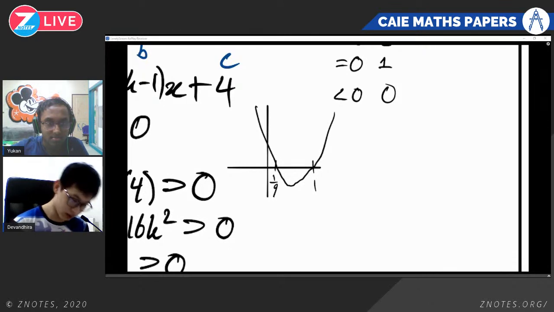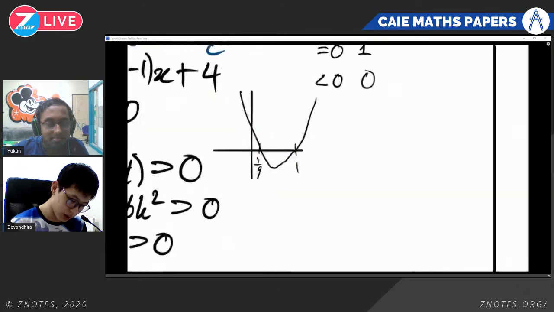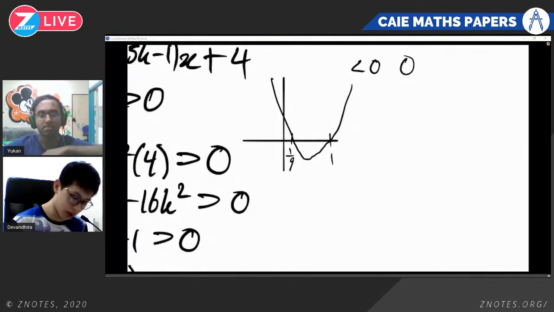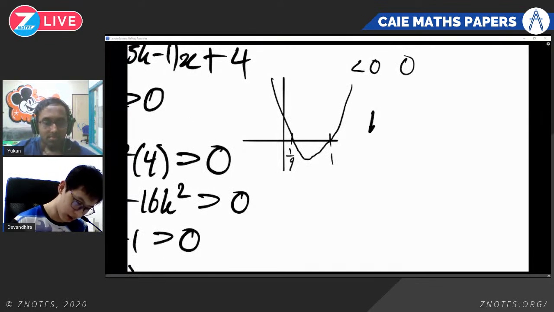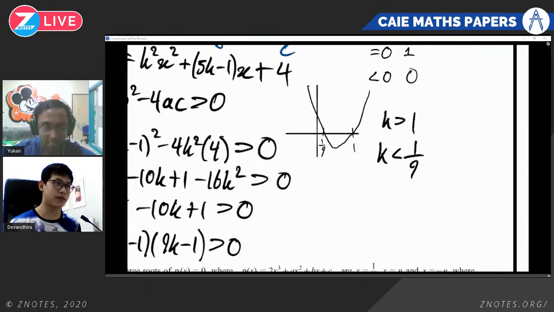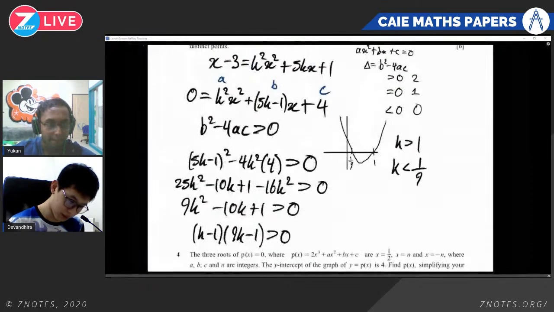And there are only 2 parts, which is this and this, correct? This part and this part. That means the function is positive only when k is greater than 1 and k is less than 1 by 9. Yep, that is correct.